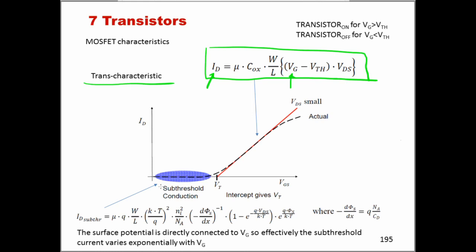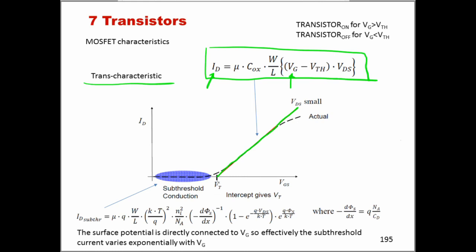And so the trans characteristic represented by the formula that we have there should be a straight line, like this one. Okay. In reality, what we have in actual terms is the curve that is represented by the dashed line.